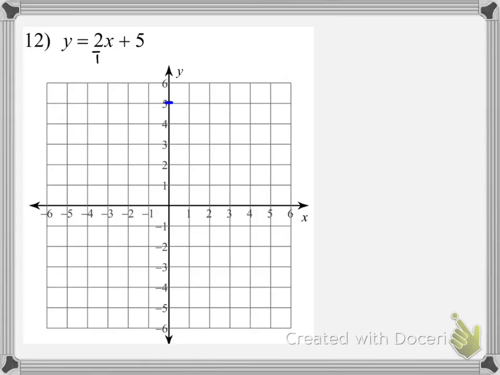Now, I had some people that went up 2 and over 1 off the paper and connected those dots. But you could also, if you wanted to be on this line right here, go down 2 and back 1. That's right, you could go down 2, back 1, down 2, back 1.